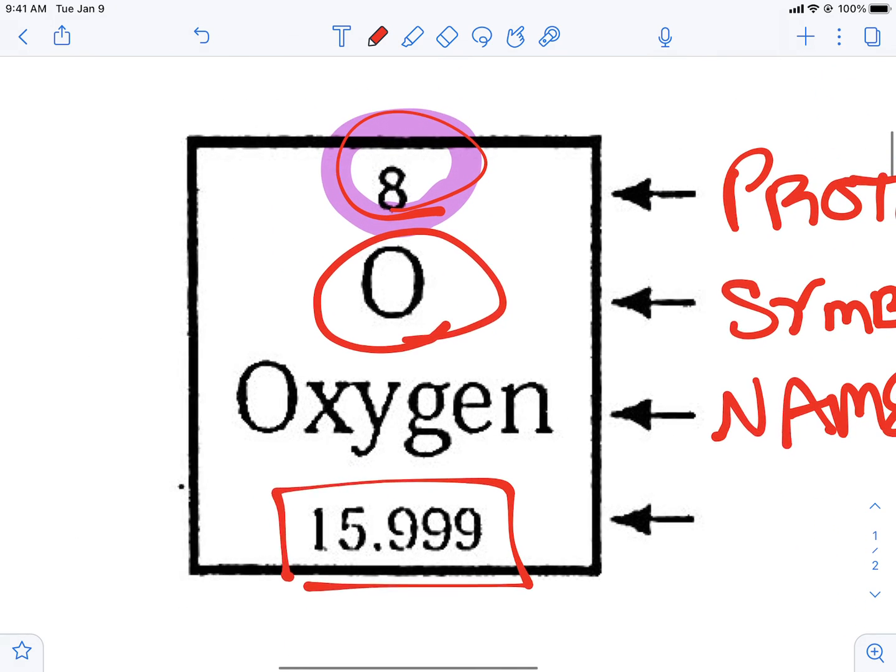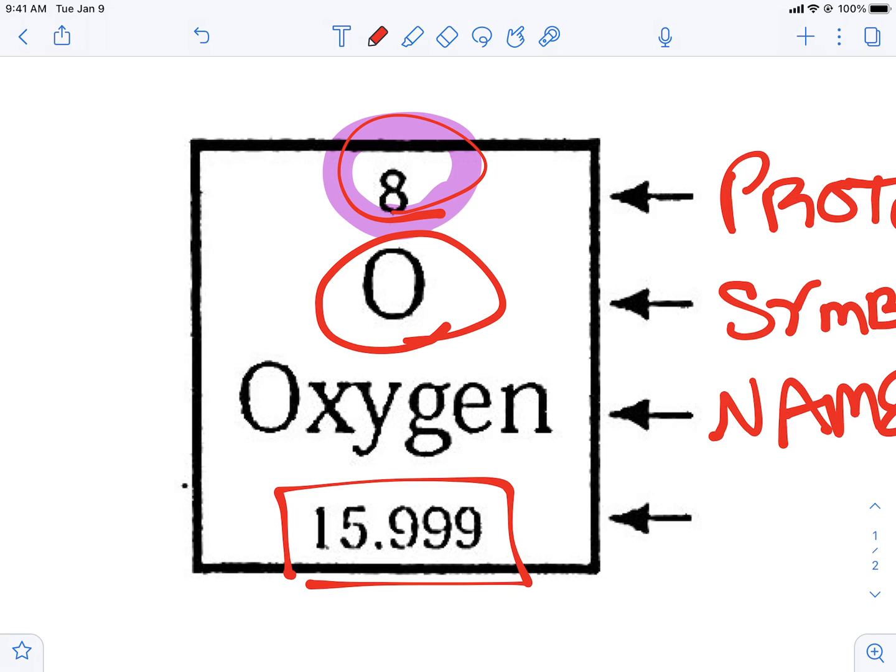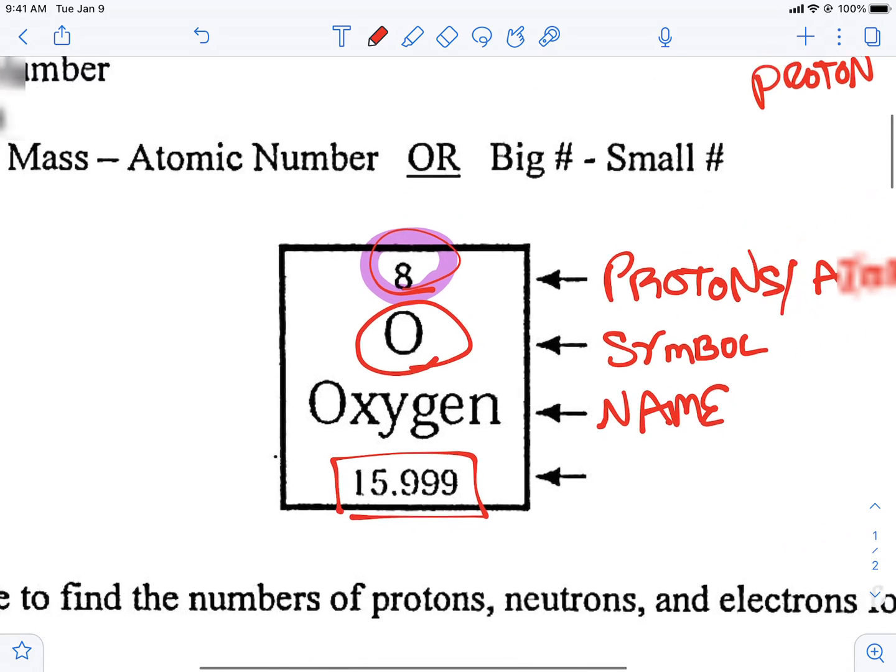Some oxygens come with a mass of 16, some with a mass of 17, some with a mass of 15. So when you average them all out, you get about 15.999. No single atom has a decimal for a mass number. They all have a whole number. It's just when you put all the whole numbers together and you average them, you're going to get a decimal. So this is the average for all oxygens.